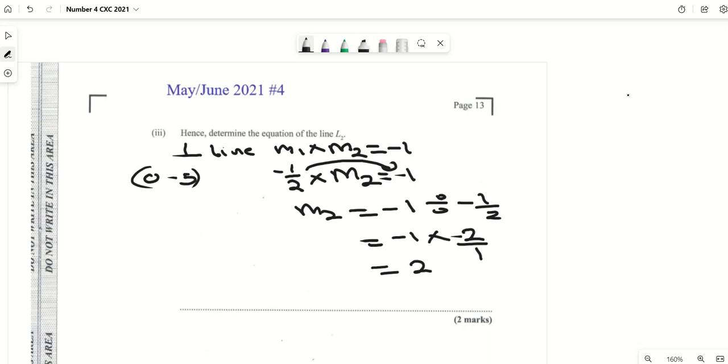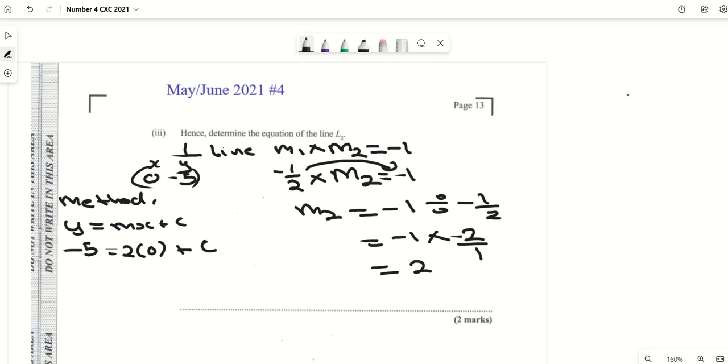There are two ways to find the equation. I will show the two ways. Method 1 is where you use y equals mx plus c. We know x and y: y is minus 5 is equal to m, which is 2, by 0, plus c, which we don't know yet. So it's minus 5 equals 2 by 0, which is 0, plus c.